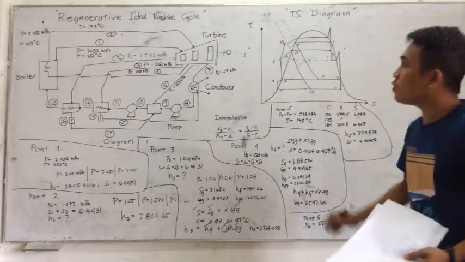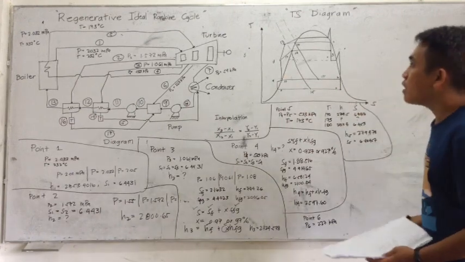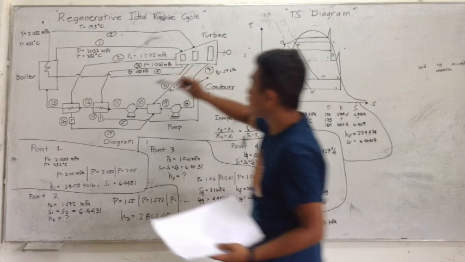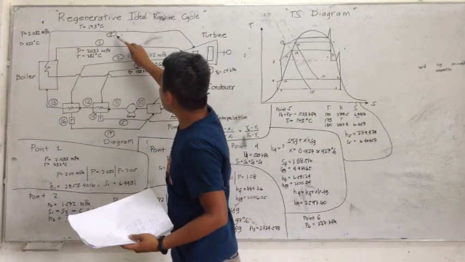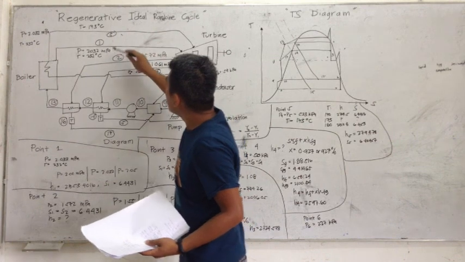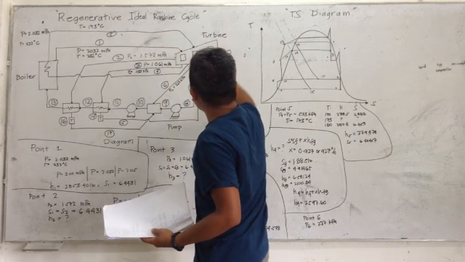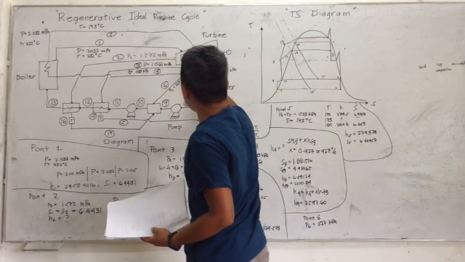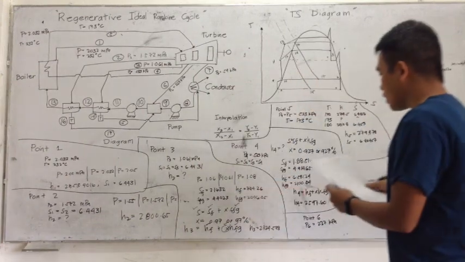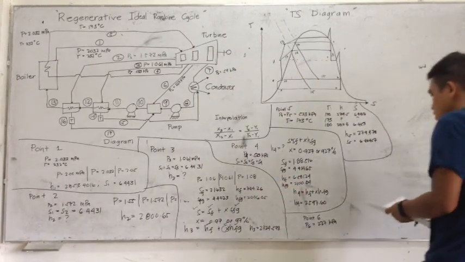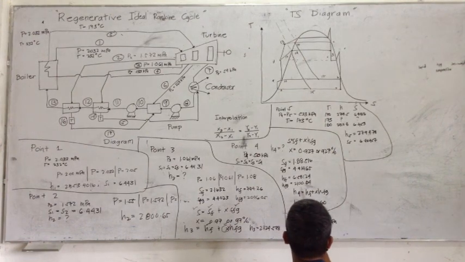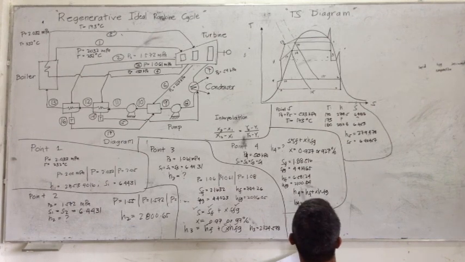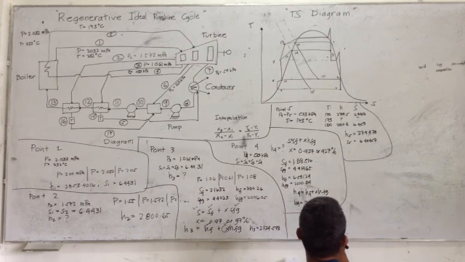When we analyze our diagram, S5 came from the boiler at point 5, goes into the turbine, and releases into point 6, which is the open feed. It is the same entropy. So S5 is equal to S6, which is 6.90457.